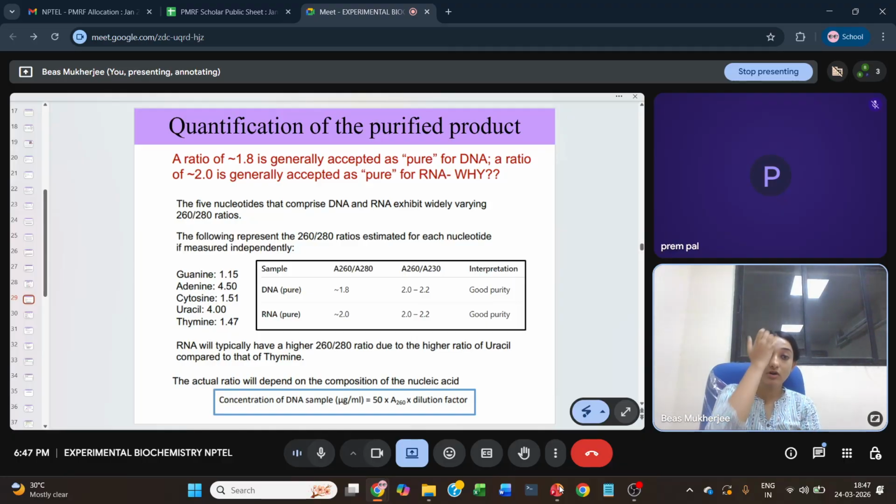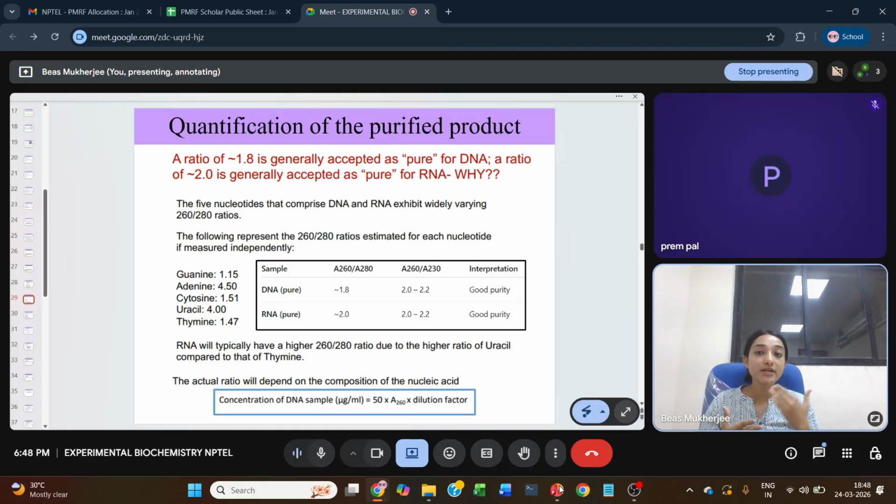Now another important factor is that the absorbance of uracil and absorbance of thymine is very different. Okay, so absorbance of uracil is 4 but absorbance of thymine is 1.47. So for the same concentration of RNA and DNA, RNA will absorb a lot more compared to DNA. So that is something that you have to remember. Okay.